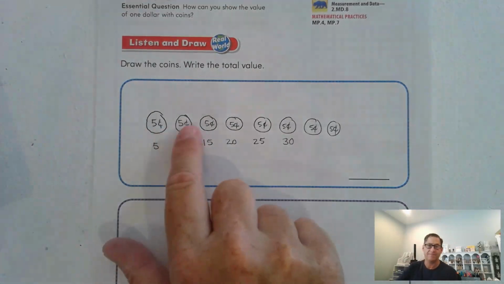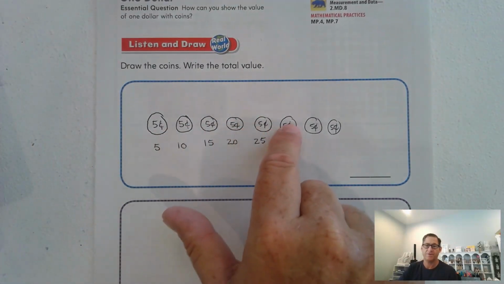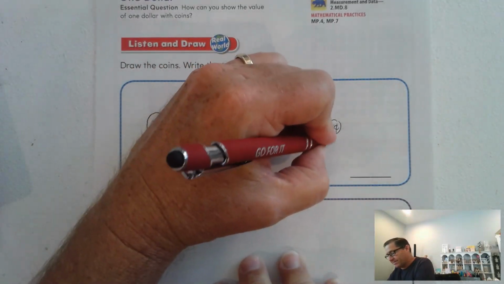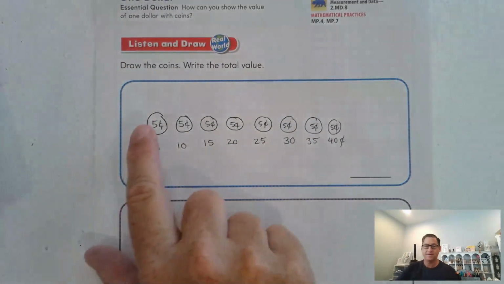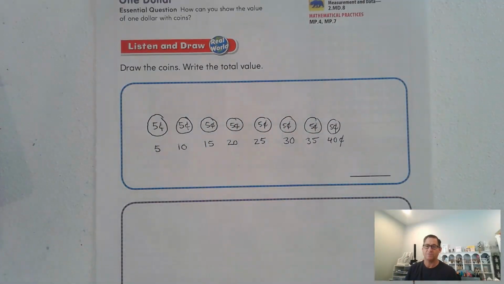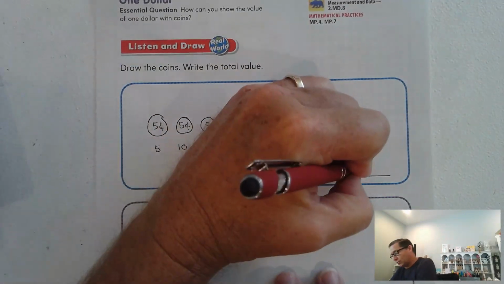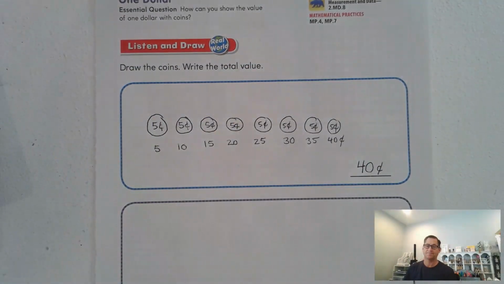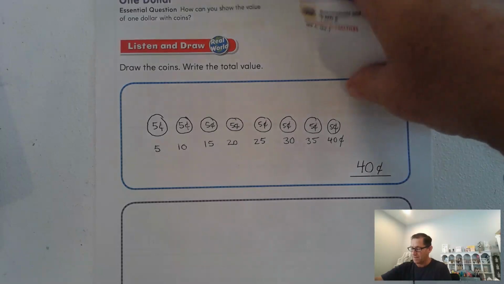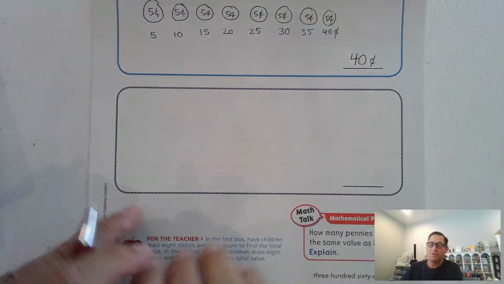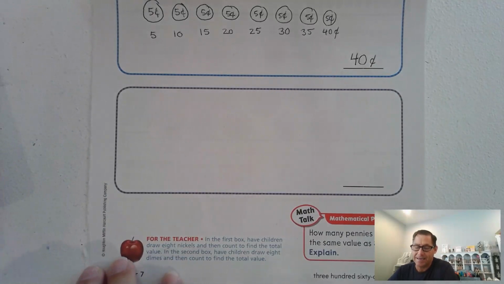So we have 5, 10, 15, 20, 25, 30, 35, 40 cents. 1, 2, 3, 4, 5, 6, 7, 8 nickels. So 8 nickels is worth 40 cents.